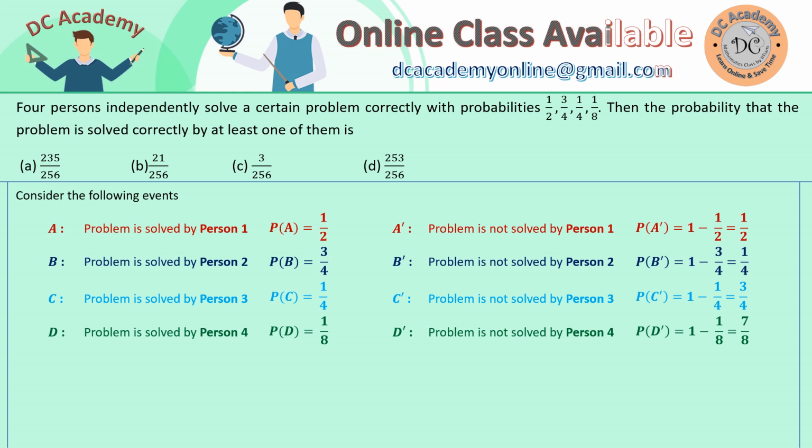Why? Because we know that for a complement event, the probability of A and the probability of A complement give us 1. And what is A complement? A complement is an event which will appear by the negation of the event A. So A and A complement are mutually exclusive events. What is a mutually exclusive event?